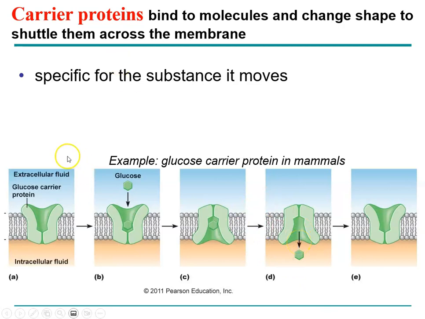Now, although we're not seeing all the glucose molecules on either side of the cell, this would have to be following that same rule of diffusion where you would have a higher concentration of the glucose on the outside of the cell. So I'm going to use the brackets to represent concentration, high glucose concentration on the extracellular side, and then there would be a low glucose concentration on the intercellular side.